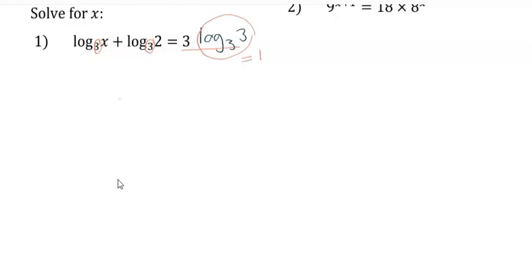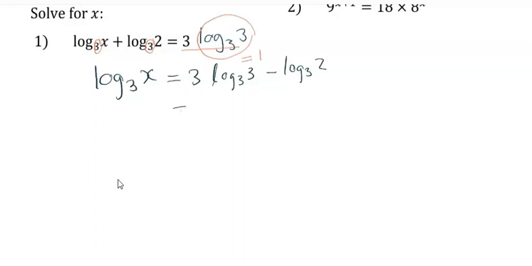On my left hand side I have log to the base of 3 of x, and on the right hand side I have 3 times log to the base of 3 of 3 minus log to the base of 3 of 2.